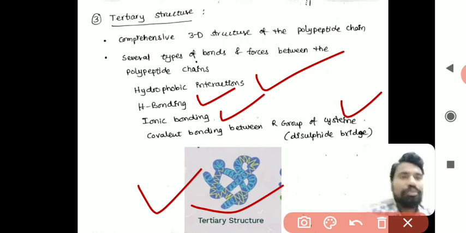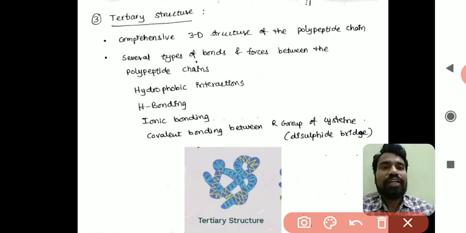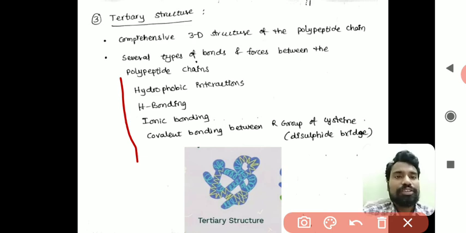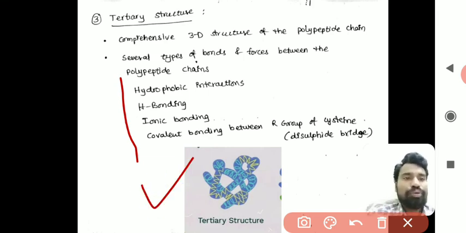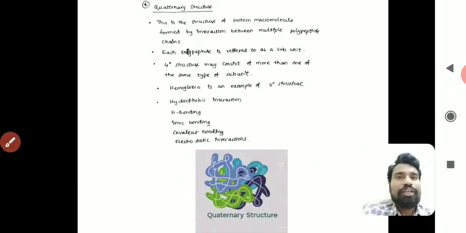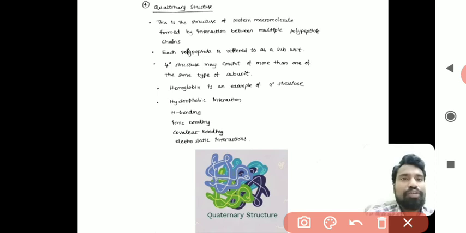Those are nothing but disulfide bridges. So with these different kinds of interactions, different polypeptide chains are resulting in a tertiary structure of proteins. Next one is quaternary structure of proteins.